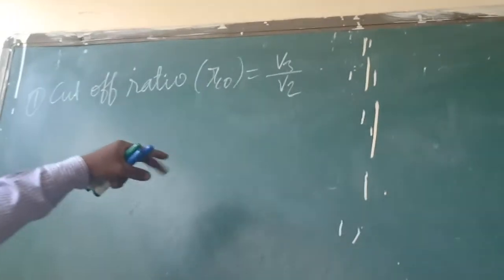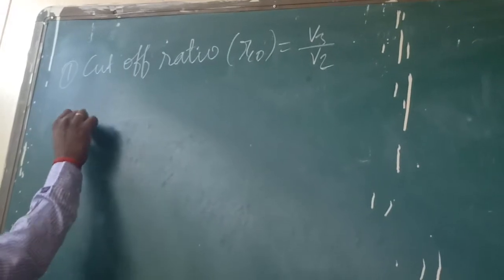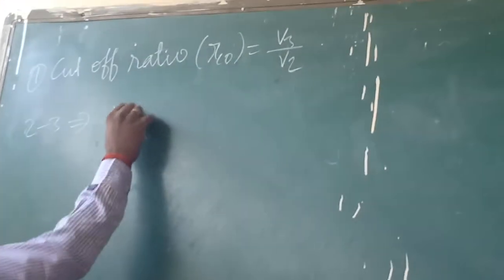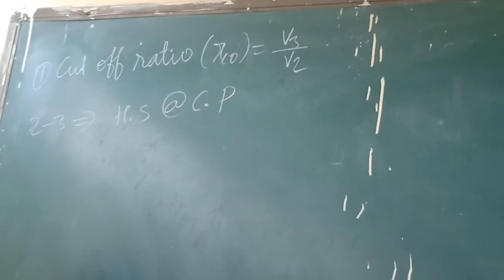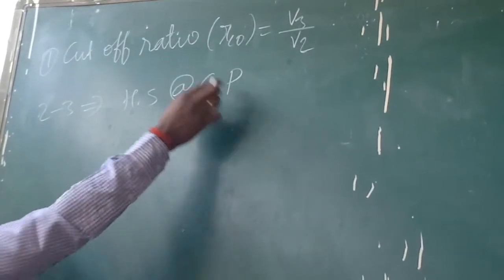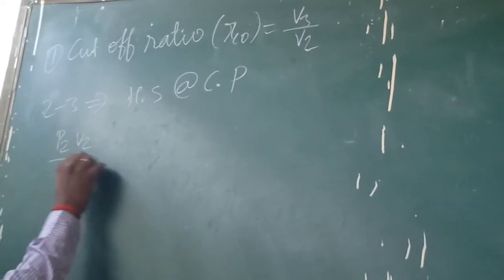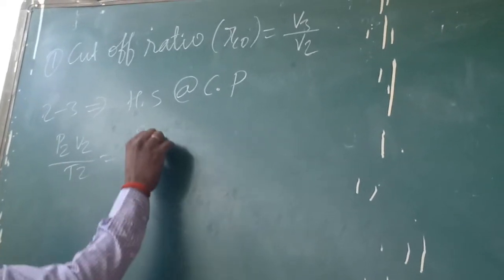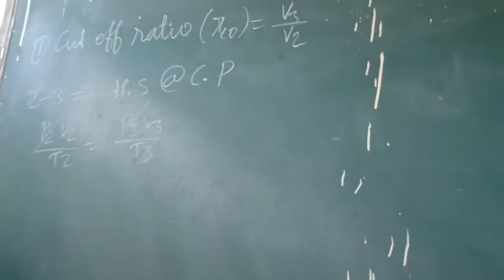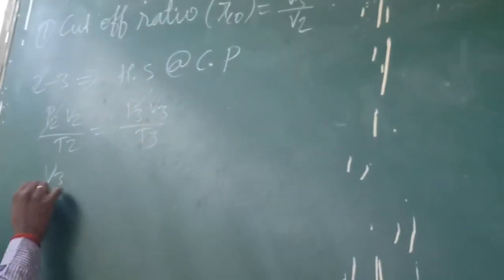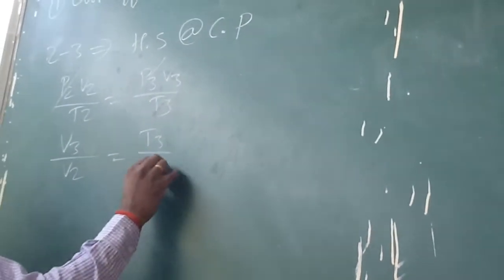Process 2 to 3 is heat supply at constant pressure since it is a diesel cycle. Since it is constant pressure, we write the ideal gas equation: V2 by T2 equal to V3 by T3. Since pressure is constant, we can cancel it, and then we can write V3 by V2 equal to T3 by T2.